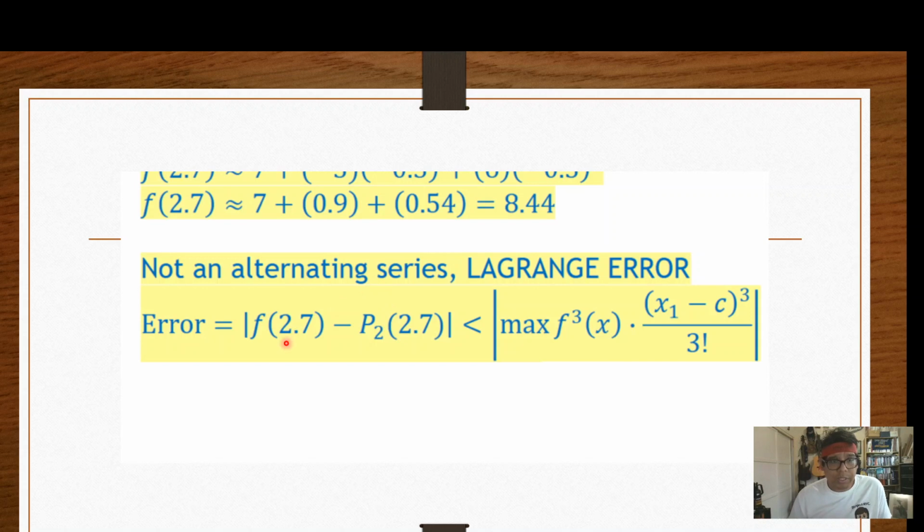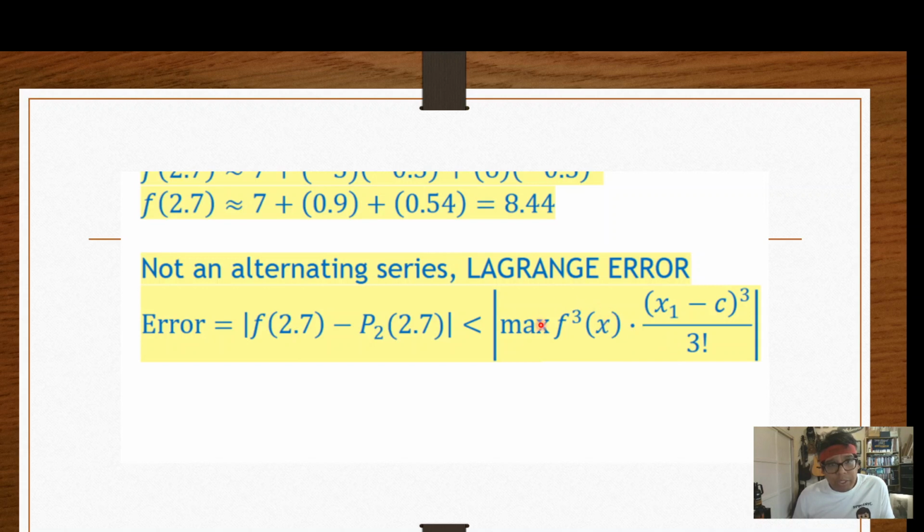First of all, you'll notice that I've written this is error, and error is the same thing as the absolute value of the function evaluated at 2.7 minus the polynomial evaluated at 2.7. So that's less than the maximum of the third derivative multiplied by wherever we're evaluating our function, minus the center, cubed, divided by 3 factorial.